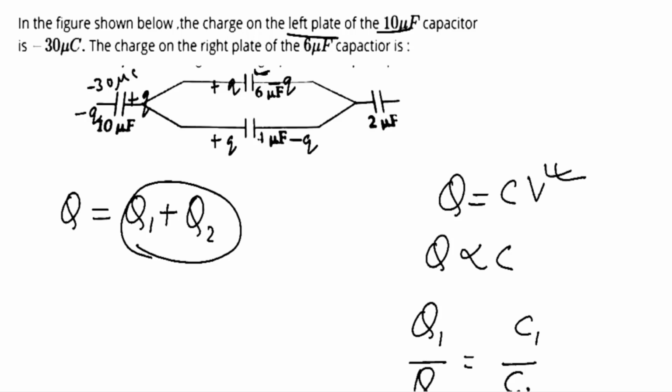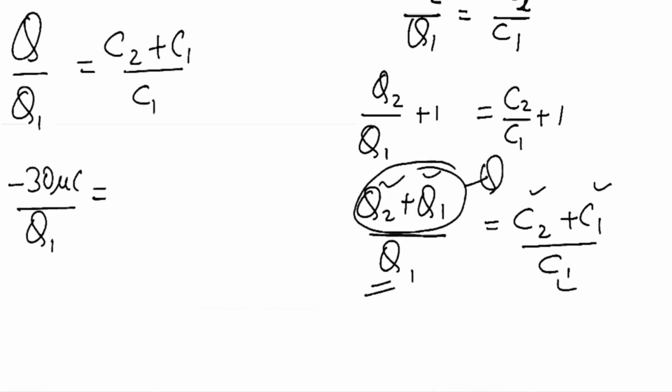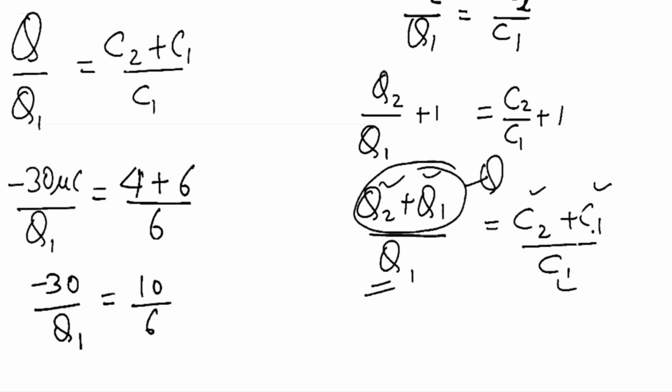So we can write, C2 is 4 and C1 is 6, divided by 6. Now we can write minus 30 by Q1 equals 10 by 6.